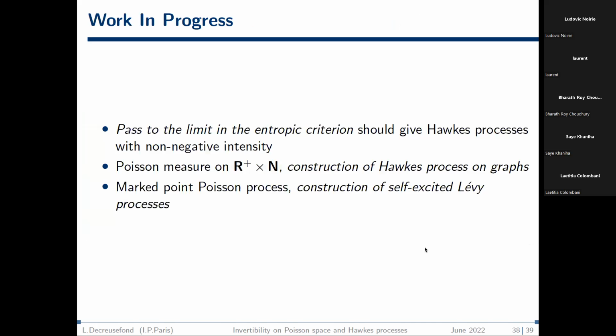Okay. And the work in progress is the following. I am almost sure that everything we did until now requires that y dot is positive.